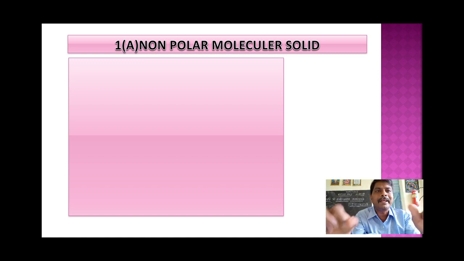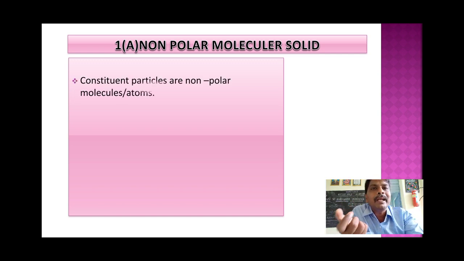Same electronegativity means it is called non-polar. I2, H2, Cl2 contains Cl, H2 contains H, I2 contains I. So non-polar molecular solids are molecules containing atoms with similar electronegativity.